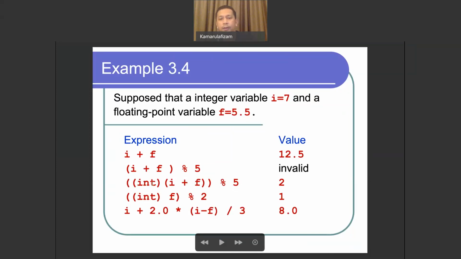Then the whole thing will be converted into integer, and then the integer will be used for this operation, and it now becomes valid. In this case you can also convert f, a floating point, to integer by using this. This is how to convert floating point to integer. f is 5.5, so 5 divided by 2, you get basically 1 as integer, and so on.